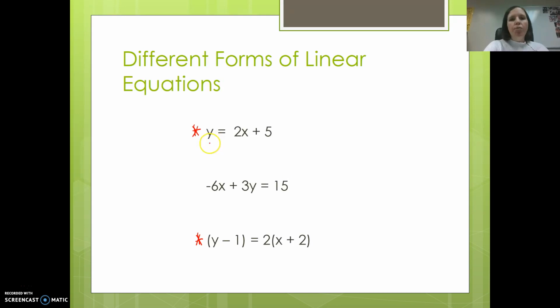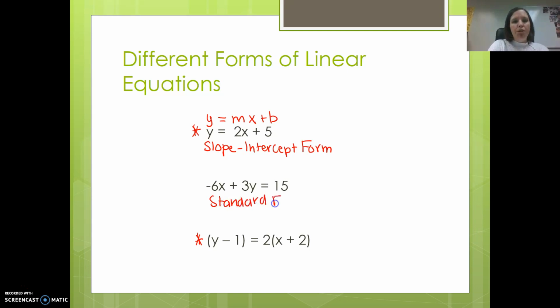So the 3 different forms that we have, we'll work on looking at characteristics, but you're going to need to know what each form is and what each form shows. So for this first one, this is written in slope-intercept form. Slope-intercept form is y equals mx plus b. For the second one, again, this is the one you aren't going to necessarily be writing as much, but you're going to be using. This is called standard form.